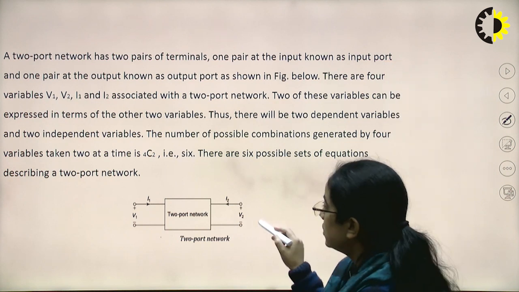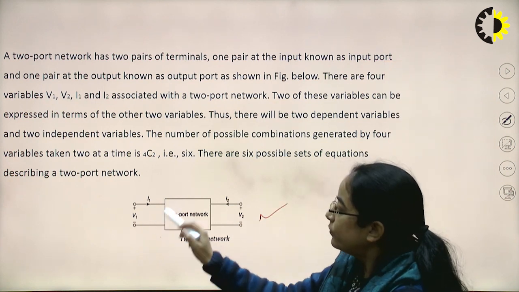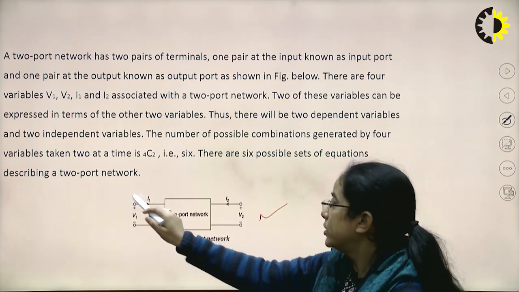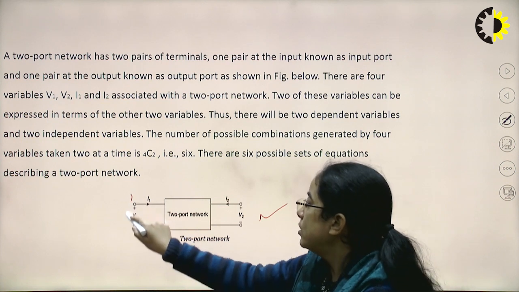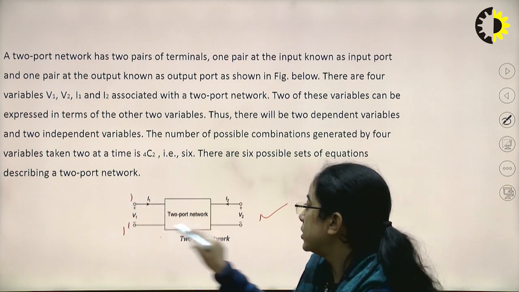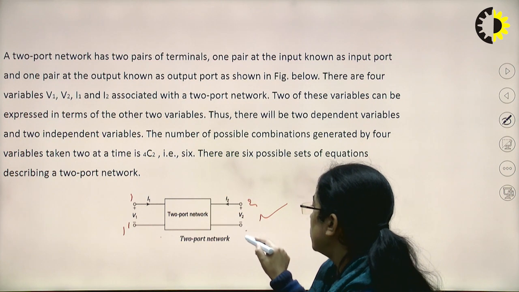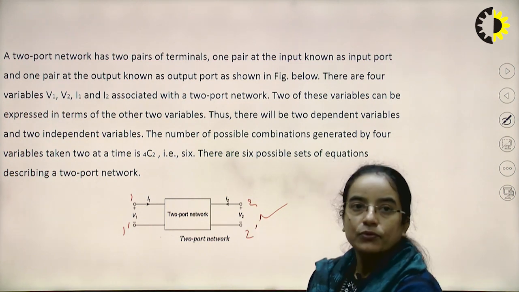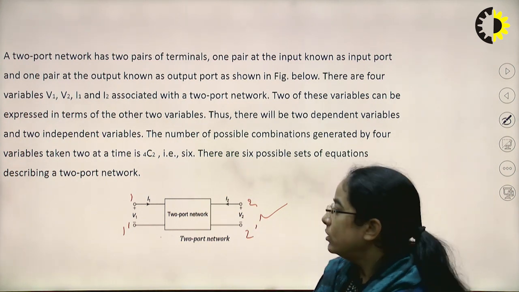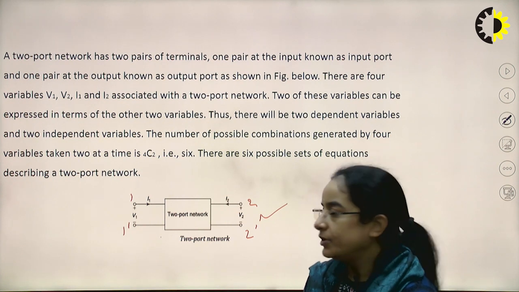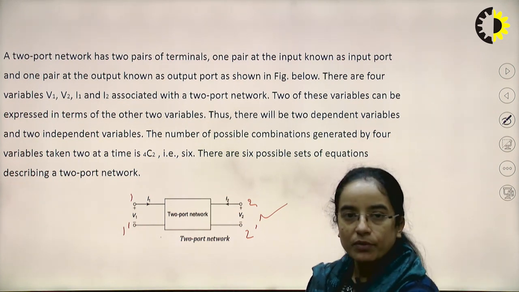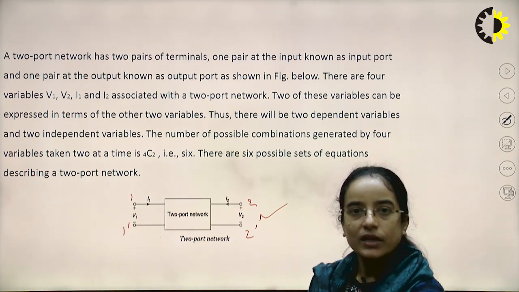As we can see in this diagram, there are four terminals. Suppose this is 1 dash, and this is 2 and 2 dash. Four terminals are there, and we can say two pairs of terminals. 1 dash is one pair, 2 dash is another pair.